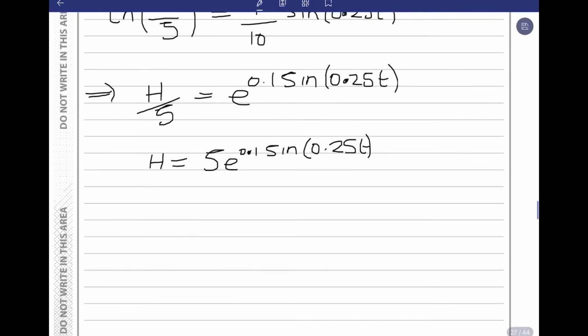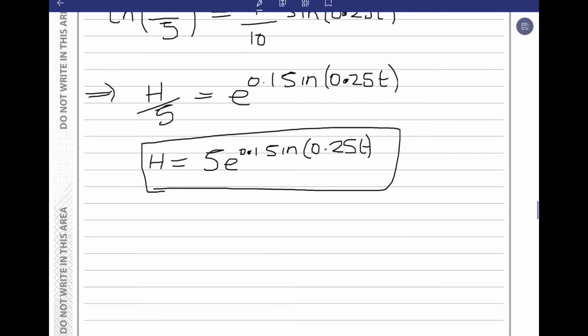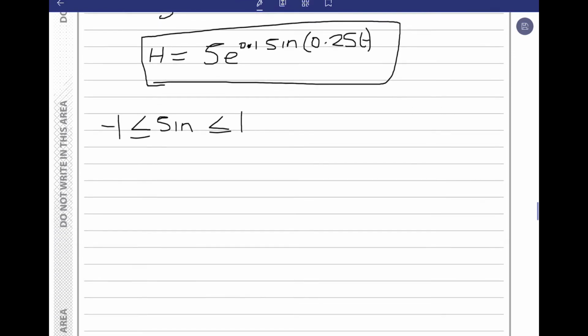So we look at our formula for h here, and we consider the right hand side, because we want to know how big h can get. And we also know that sine is a function that goes between 1 and minus 1. So we want to look at when sine equals 1.